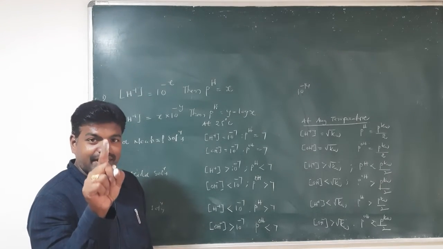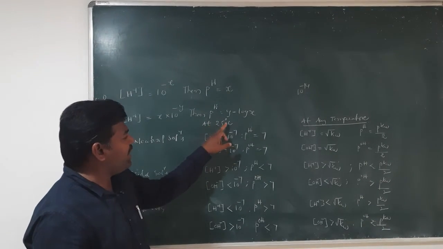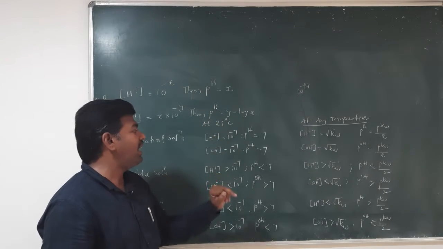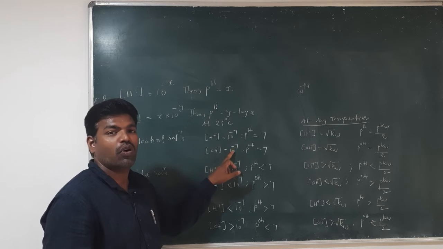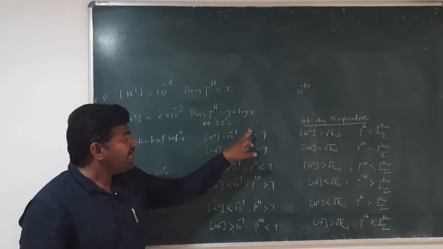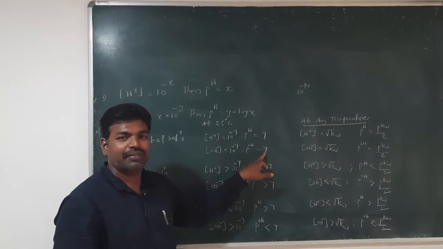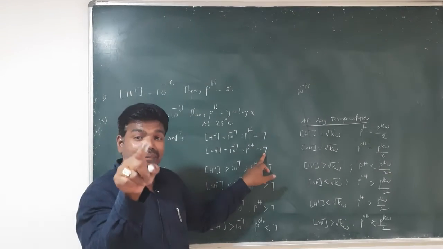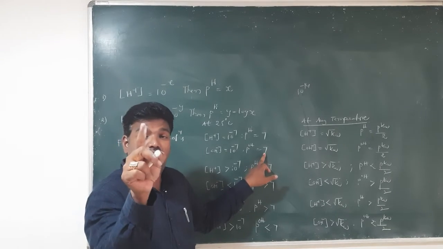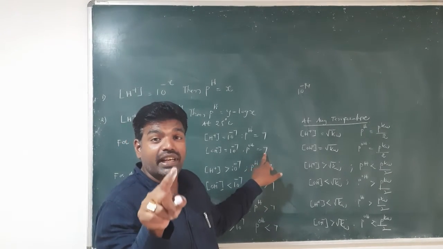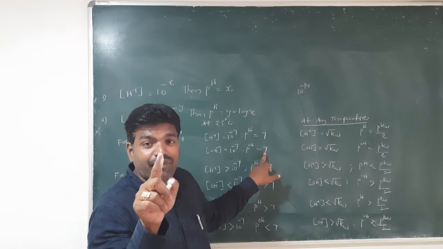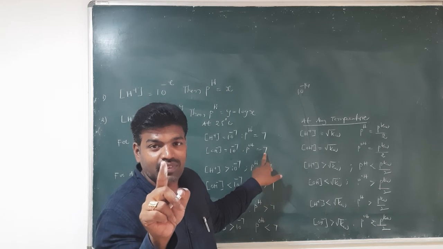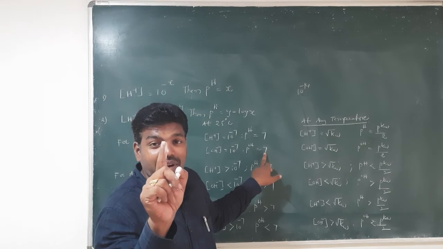What I want to say is that at 25 degree centigrade, the concentration of H plus ions is equal to 10 power minus 7, the concentration of OH minus is 10 power minus 7, and pH for that solution is 7. But with increasing temperature, the ionic product of water increases, and we know that Sorensen formulated the pH scale based on the ionic product of water, which is temperature dependent.